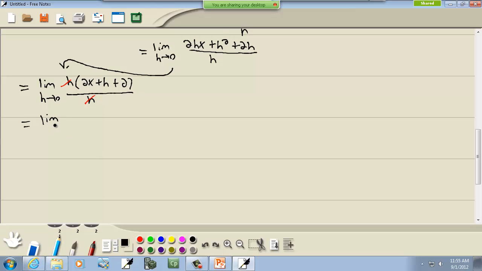And we're left with the limit as h goes to 0 of 2x plus h plus 2. And that h downstairs is what was causing us problems, so now we can plug in our 0 for the h. So we've got 2x plus 0 plus 2. So our f prime is equal to 2x plus 2. So that's step 1, find the derivative.